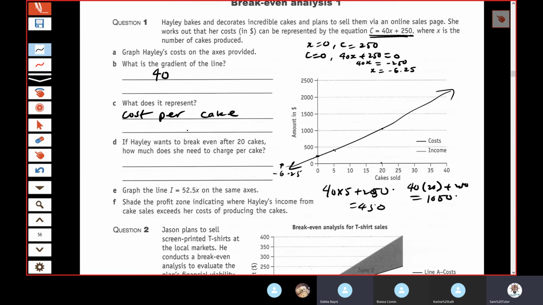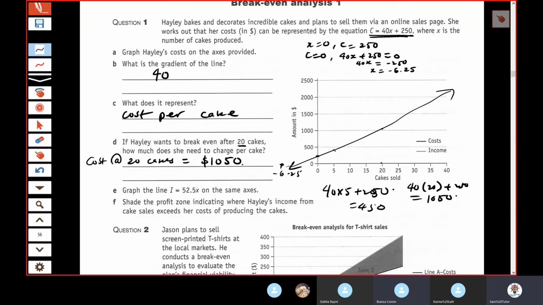If Haley wants to break even after 20 cakes, how much does she need to charge per cake? The first thing you got to work out is what is her cost at 20 cakes? I think we worked it out here. Cost at 20 cakes equals $1,050.